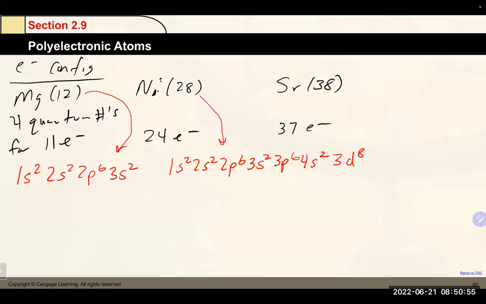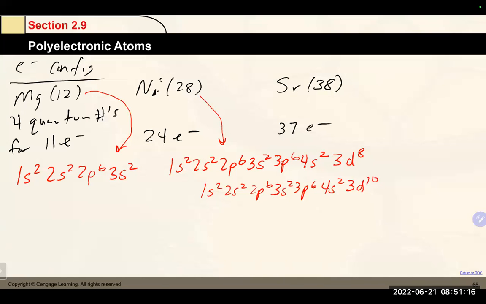So coming here to strontium, I'll just start it kind of underneath it. 1s2, 2s2, 2p6, 3s2, 3p6, 4s2. In this case, we're going to use all of those d orbitals, and that's going to give us 3d10.